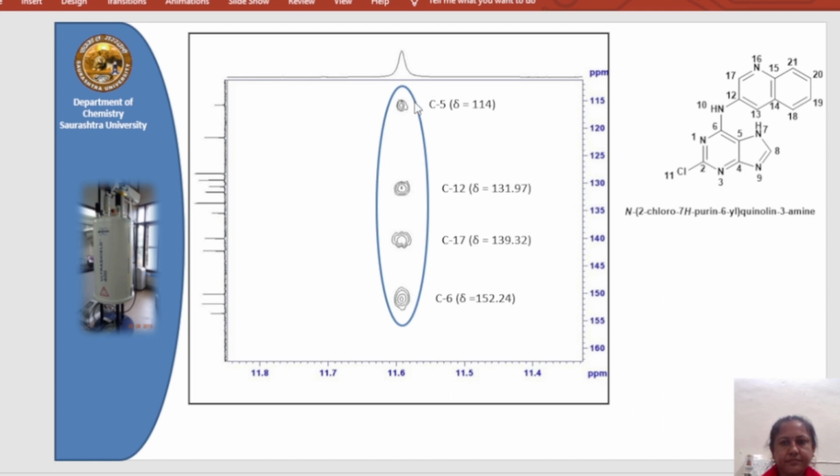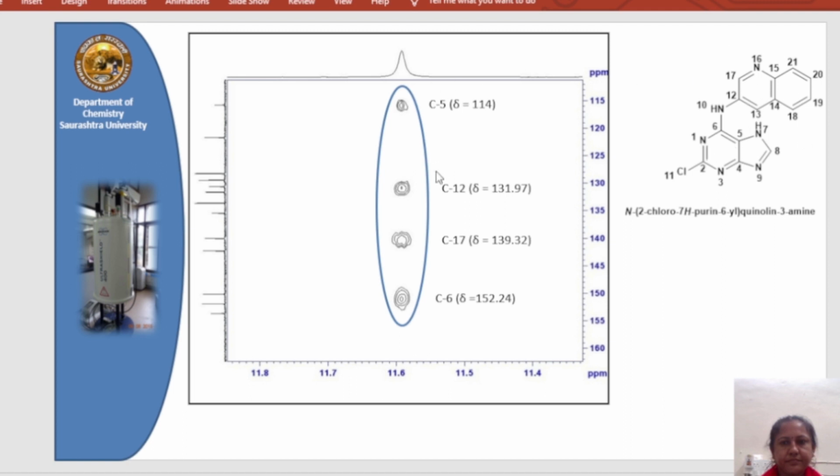These are either 2J or 3J couplings. The NH proton correlation with C12 is 2J coupling. The C17 coherence peak is due to 3J coupling. C5 is also 2J coupling, and C6 is 2J coupling. So we find the whole relation.